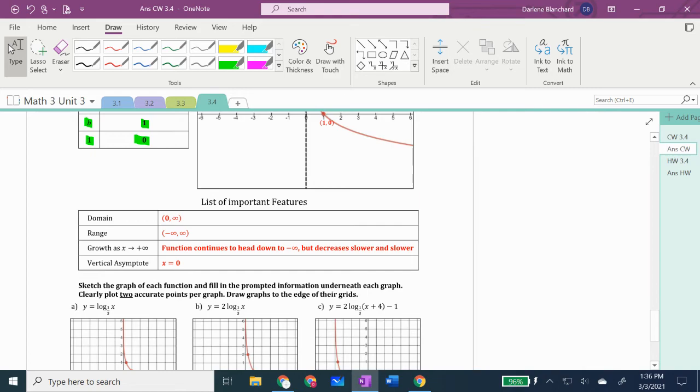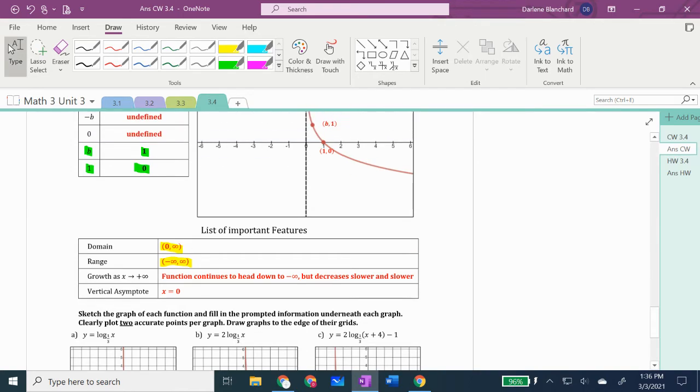And know that with any parent log function, the domain is positive numbers, the range, all real numbers, and understand that as x heads to positive infinity, with a logarithm base that is between 0 and 1, it will be decreasing, heading down, but it will be slowing, and it will be decreasing slower and slower, and it's heading down to a y value of -infinity.